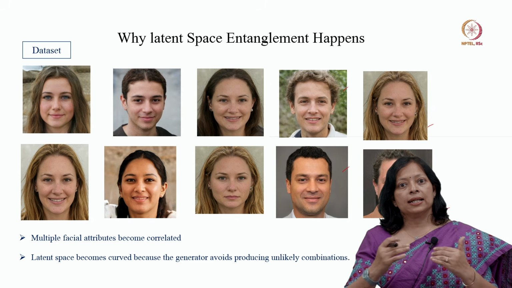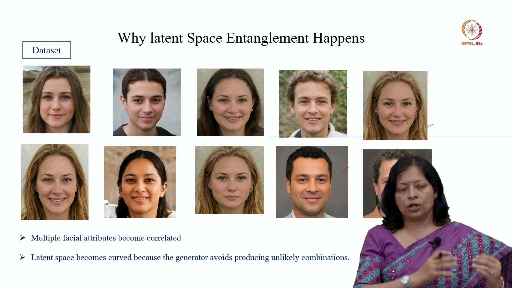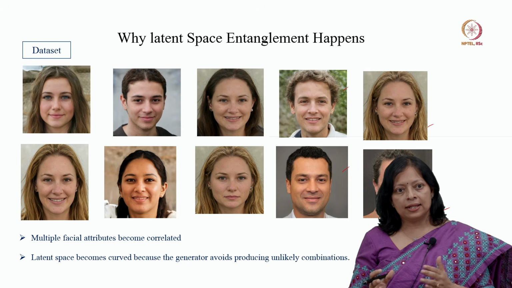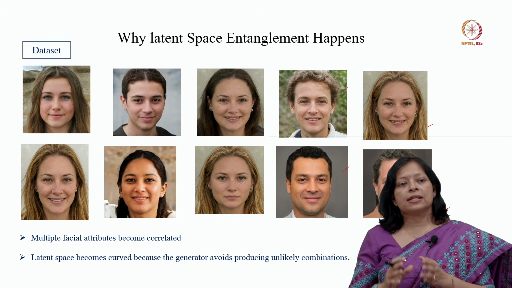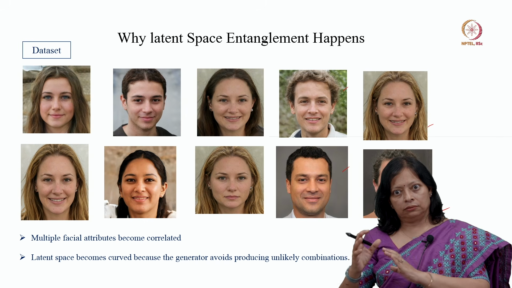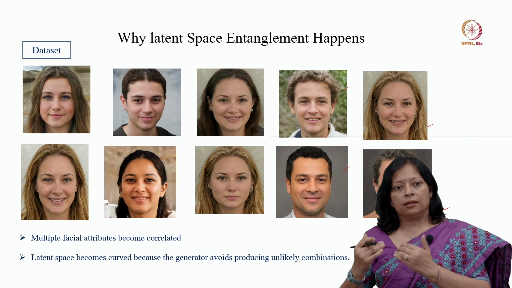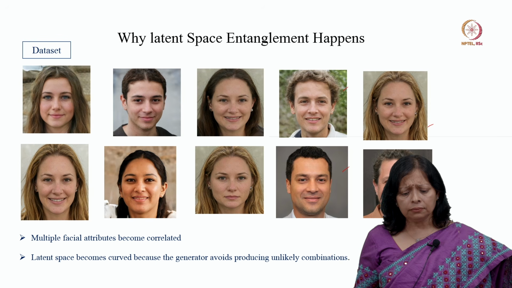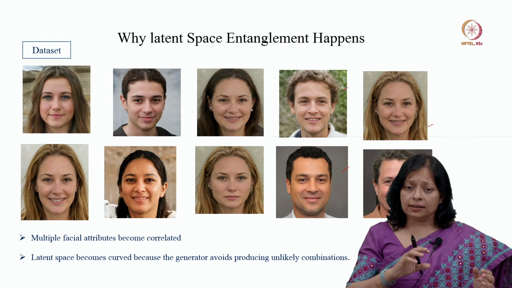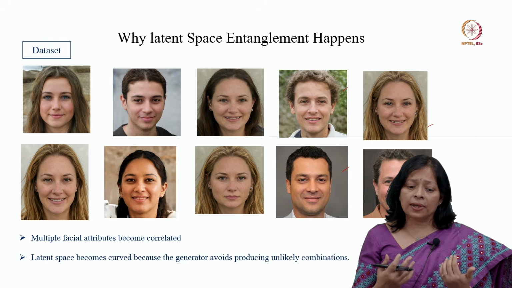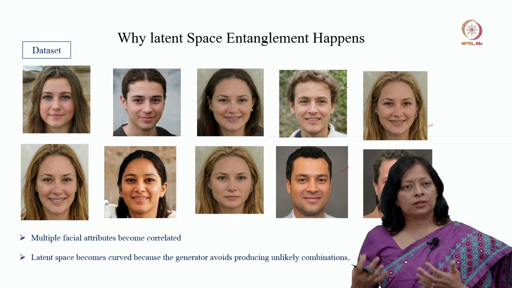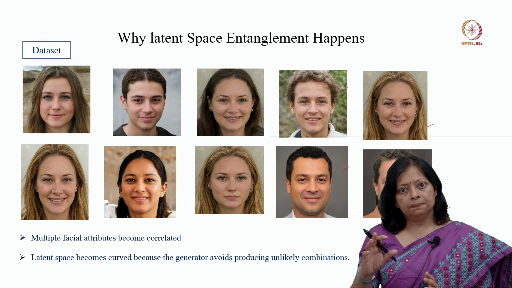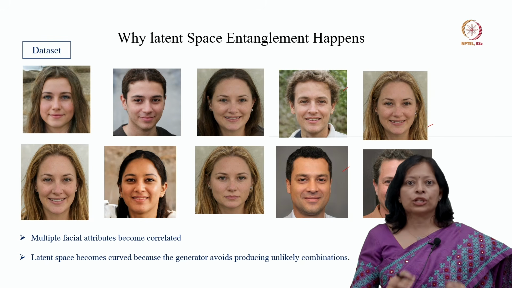But in case our data set has short hair for gents and long hair for ladies, then the generator is unlikely to make those unlikely combinations. This is what we call latent space entanglement. That means with the length of the hair, the facial attributes also get correlated.